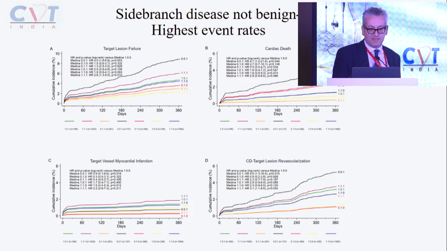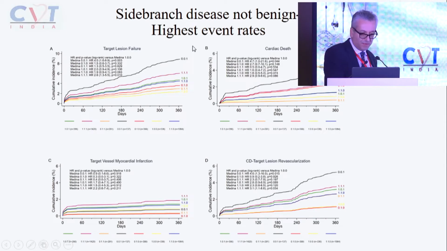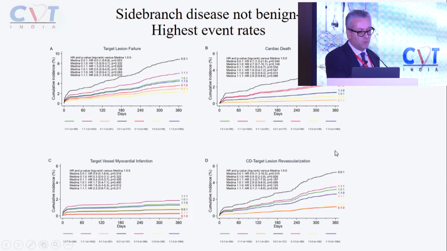And this is really the take-home message. You can see these are Kaplan-Meier plots of all the different Medina distributions of disease. And you can see that the one that has by far the worst outcomes, so a 5-fold increase in the risk of target lesion failure, cardiac death, target vessel MI, and target lesion revascularization, are the 001 lesions.